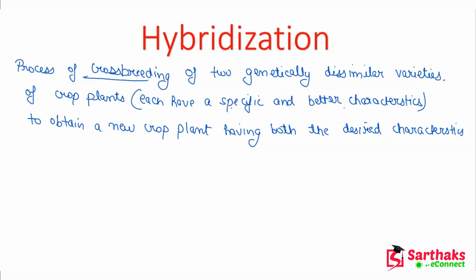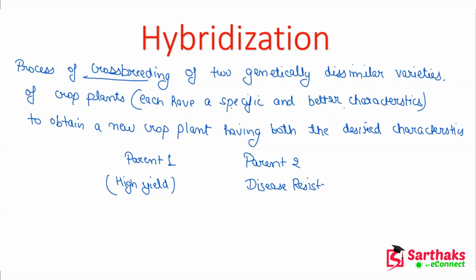For example, let's say parent one we are taking here has a desired character like high yield, and parent two has a desired character like disease resistance.